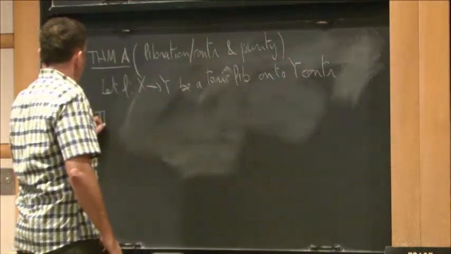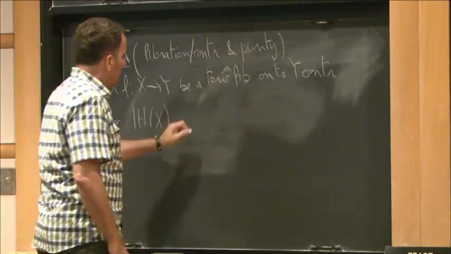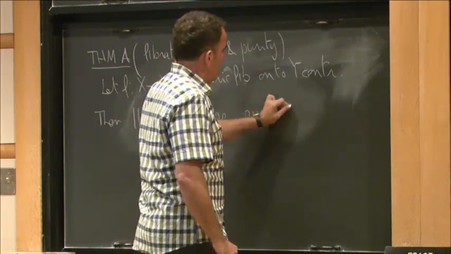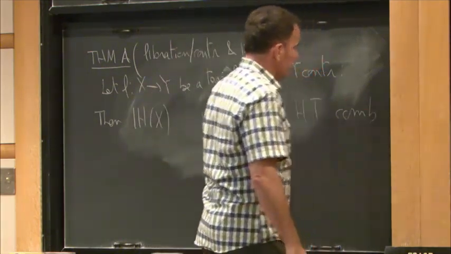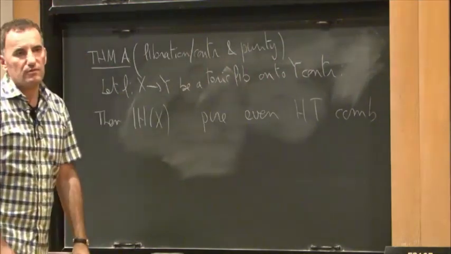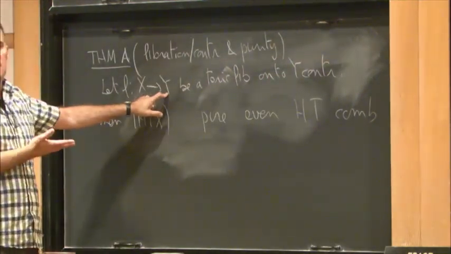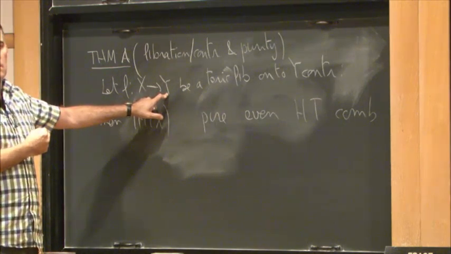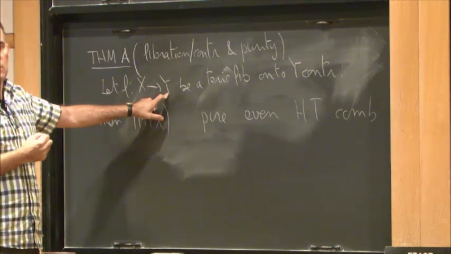Then the intersection cohomology of X is pure, is even, is Hodge-Tate, and is combinatorial. So this is the first result. Now, if Y is a point, this is exactly the theorem I mentioned before. So the theorem is that nothing changes if you replace the point with a contractible toric variety.